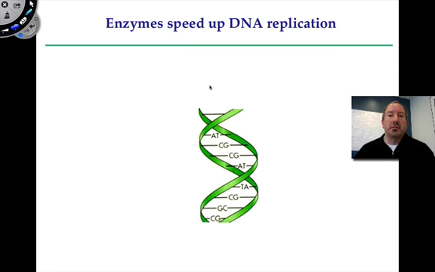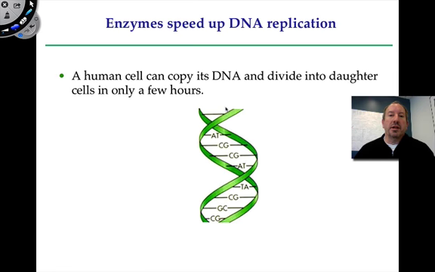And so the very first thing that we want to consider is that, as it says here, a human cell can copy its DNA and divide it into daughter cells in just a couple of hours. So if it's going to do that, probably means that there's enzymes involved speeding it up, probably more than one enzyme at a given time doing it. It'd be more efficient.